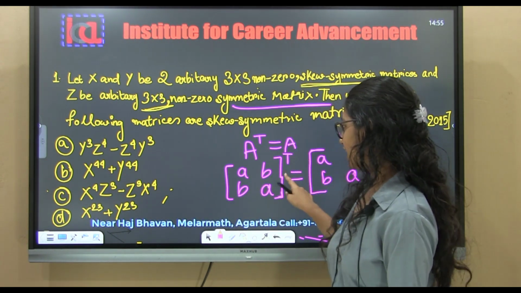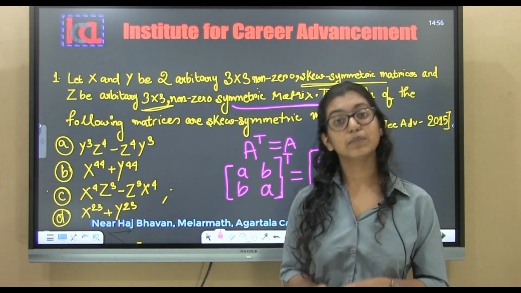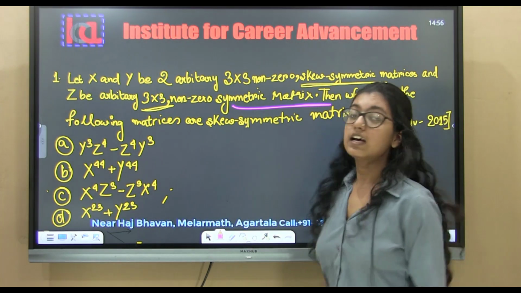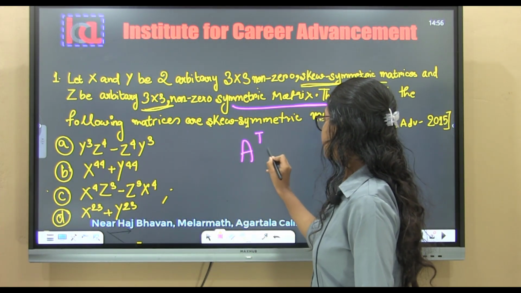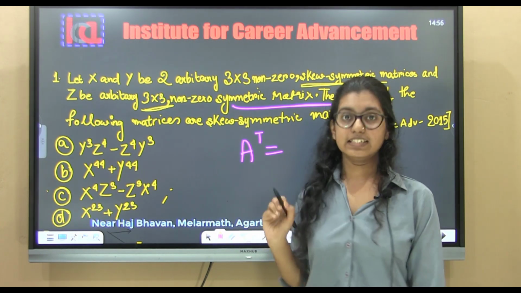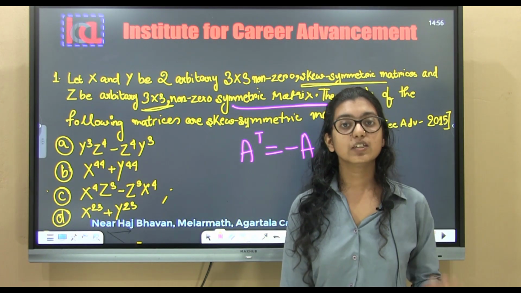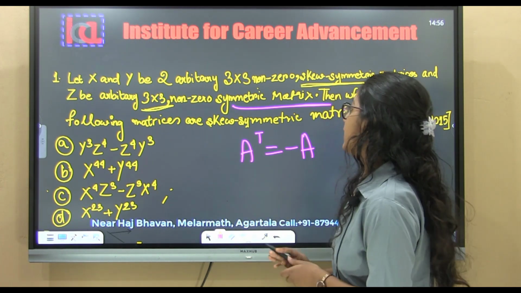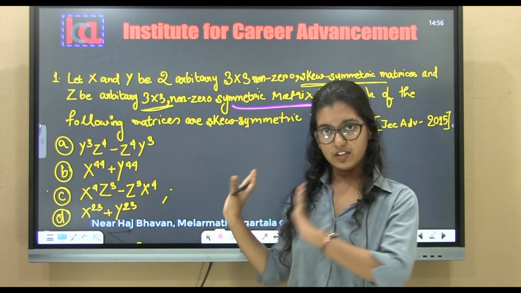The transpose of A will be equal to A. Only then it will be called a symmetric matrix. A skew symmetric matrix will be when A transpose will be equal to minus A. Only then it will be called a skew symmetric matrix. Now with this knowledge we will be able to solve this question.